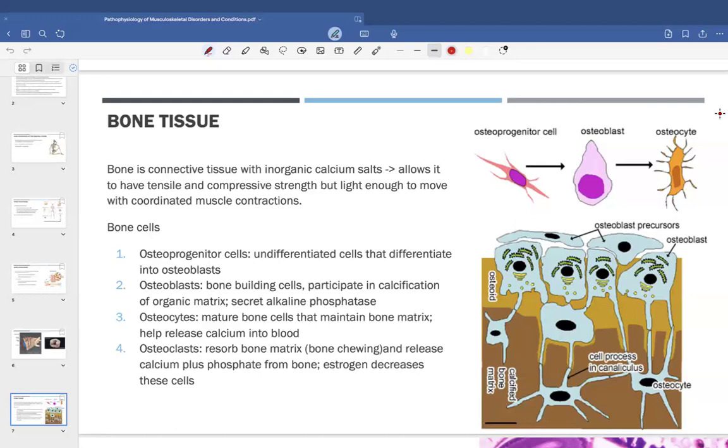And interestingly, they decrease with estrogen. Osteoclasts decrease when you have plenty of estrogen.